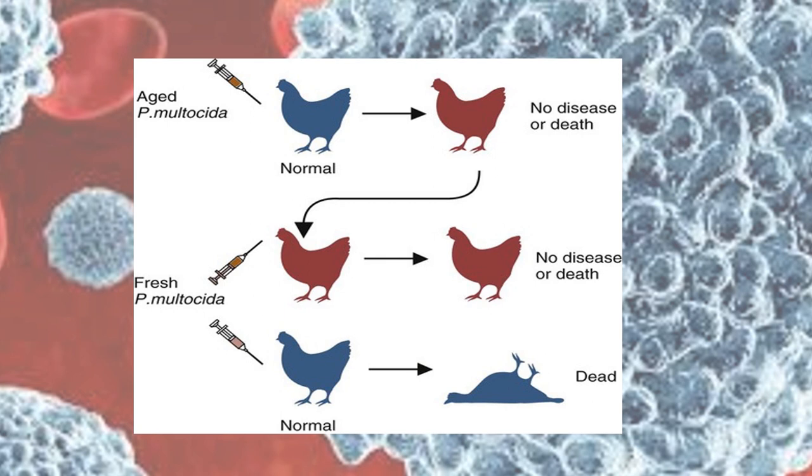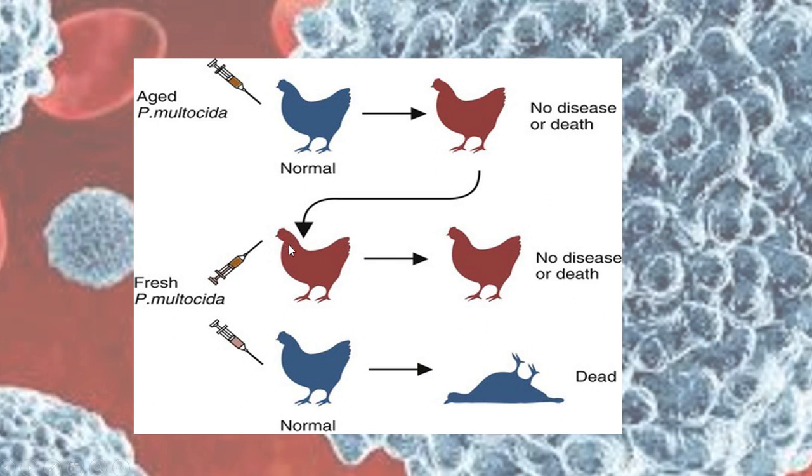If we use this same hen, which is now immunized against this particular pathogenic agent, the Maltosida, and we inject it, but this time with the fresh Maltosida, you can notice that no disease or death has occurred.